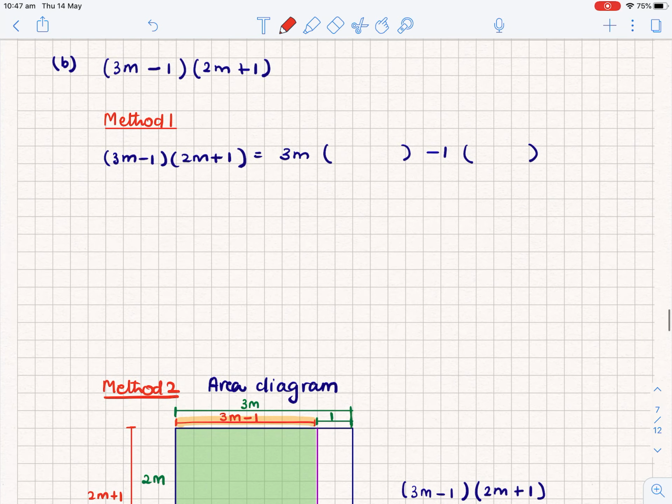Another example, part B: (3m minus 1) times (2m plus 1). Again, write down, splitting the terms of the first parenthesis and writing the second parenthesis expression as it is. Expand.